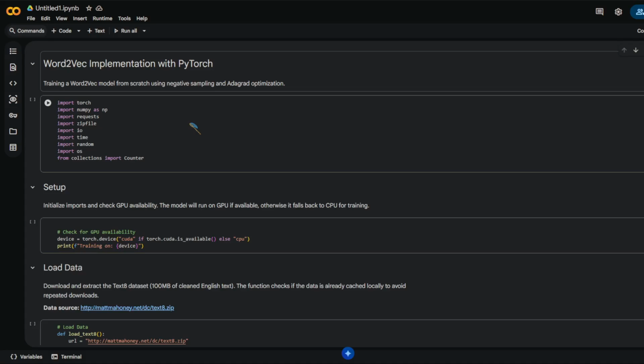Okay, so the first thing, let's run the library cell. We wait for it to connect to the T4 GPU. Okay, let's see.